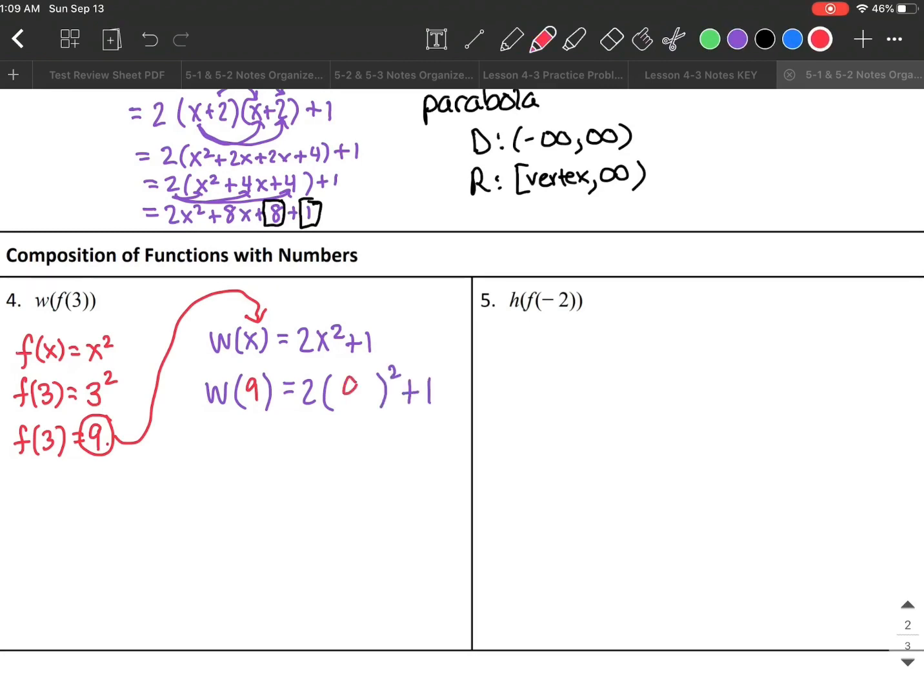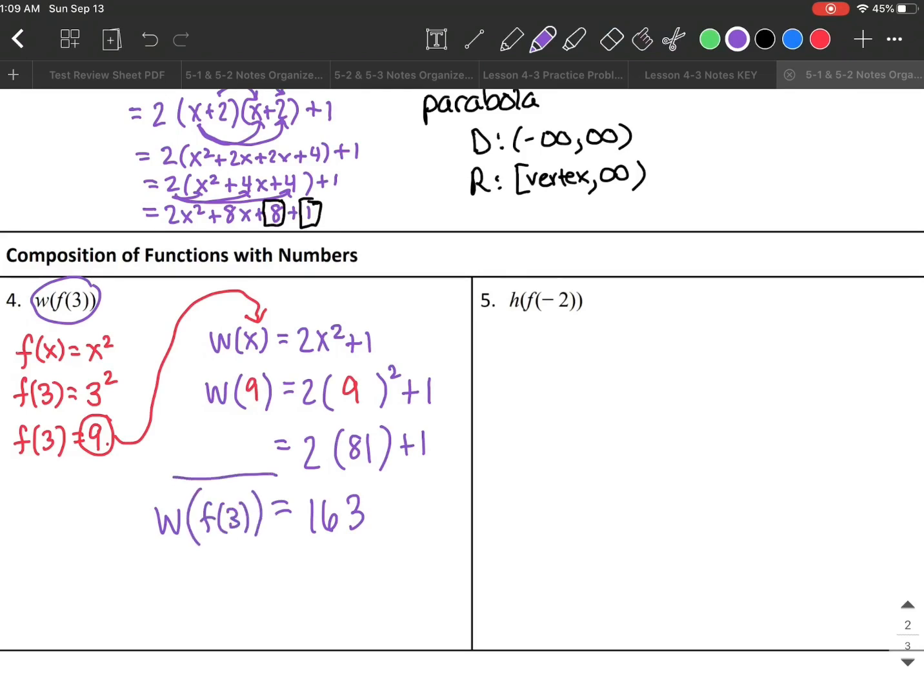So I'm just plugging in 9 wherever I see an x. And that's going to give me 2 times 81 plus 1, which is 162, plus 1, which is 163. So I'm just going to rewrite this down here. w of f of 3 is equal to 163.